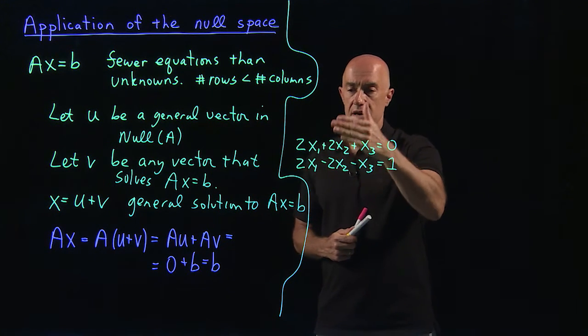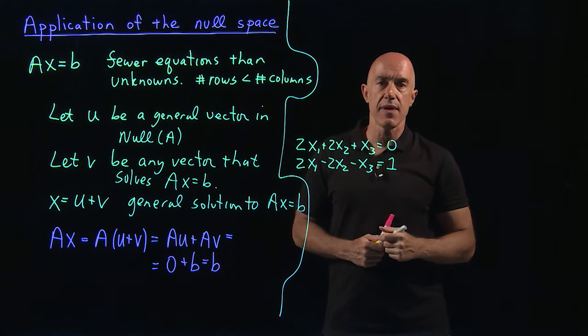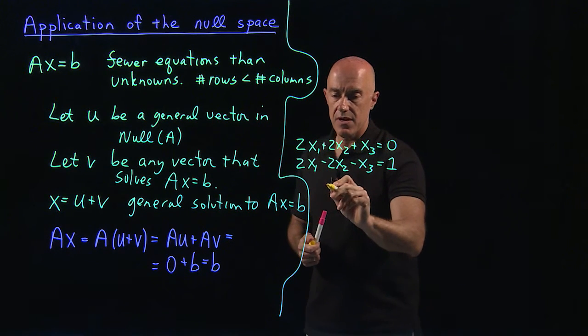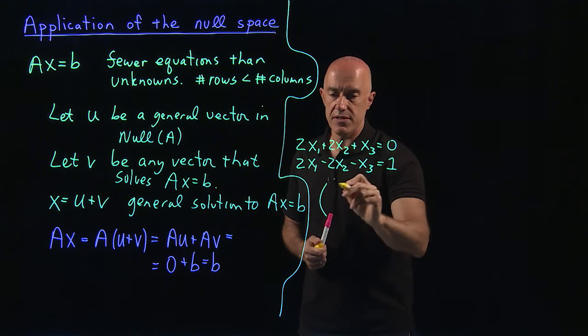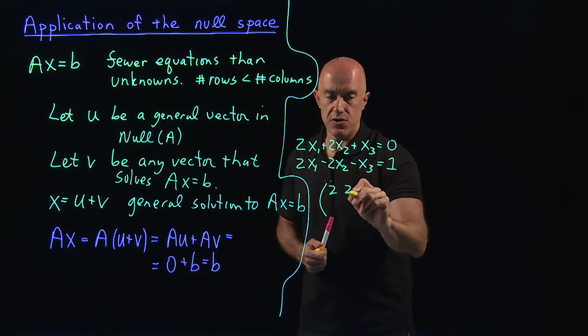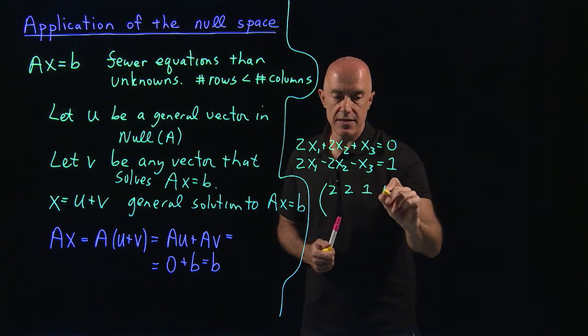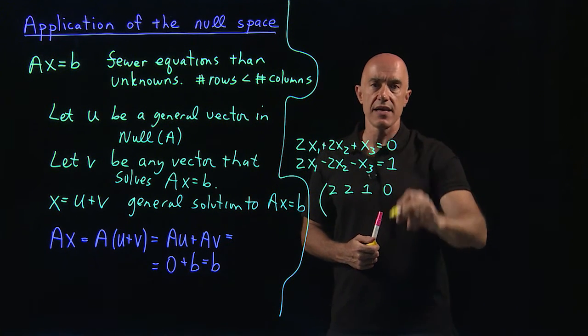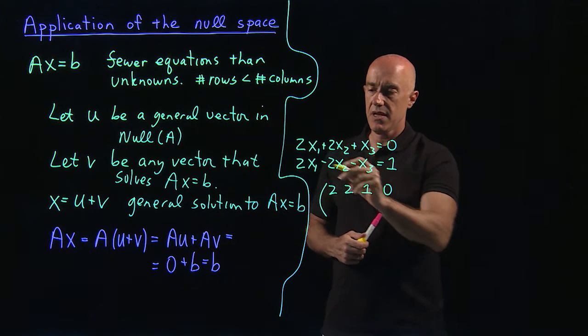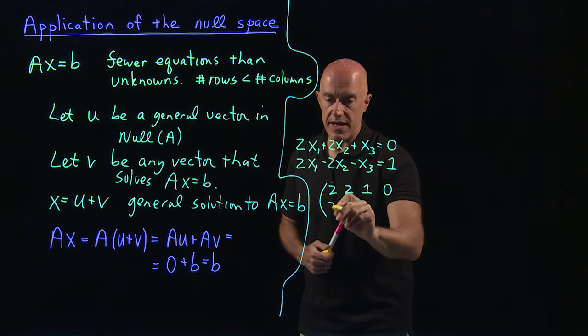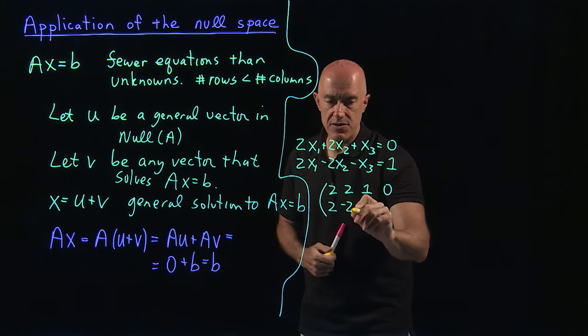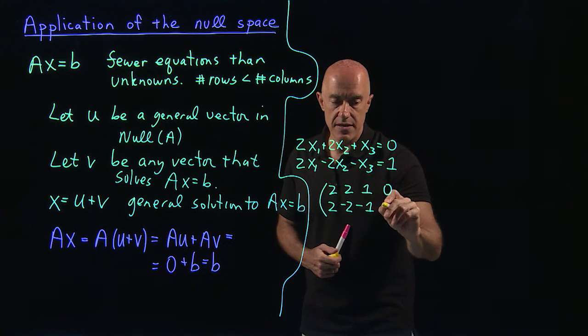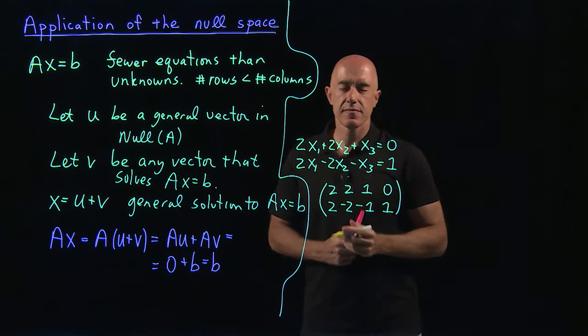So we can write the augmented matrix for this system. We have the coefficients 2, 2, 1, and 0 for the first equation. We're putting the right-hand side into this matrix. For the second equation, we have 2, minus 2, minus 1, and 1.